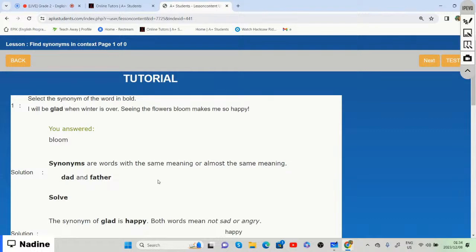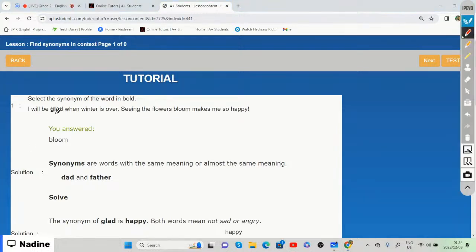So glad, what is a word that is similar to glad? A word that is similar to glad.